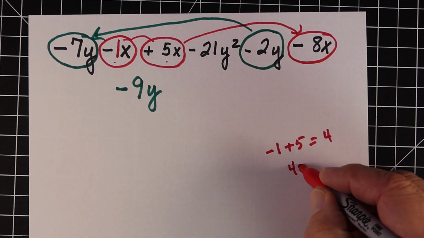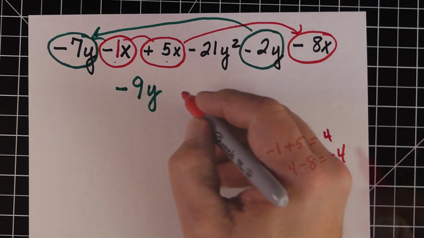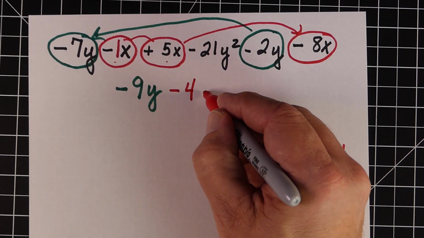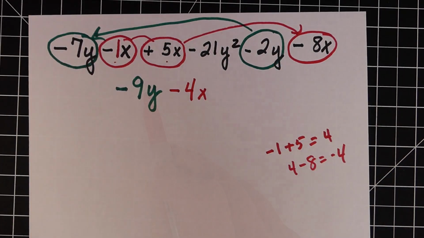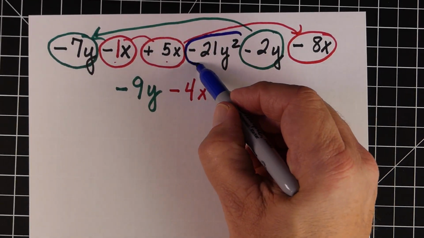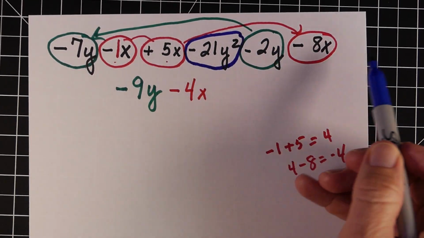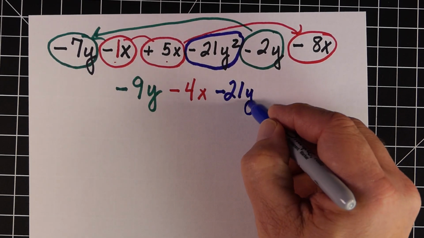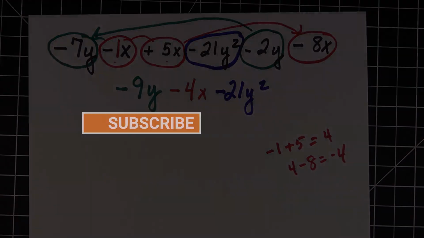And then I would take the 4 and I would go minus 8, which would give me a negative 4. So when I combine all those x's together, I would end up with a negative 4x. The final thing we have left is this minus 21y squared. There are no other y squares, I should say. So we're just going to leave it alone.